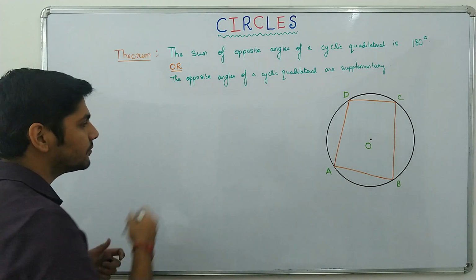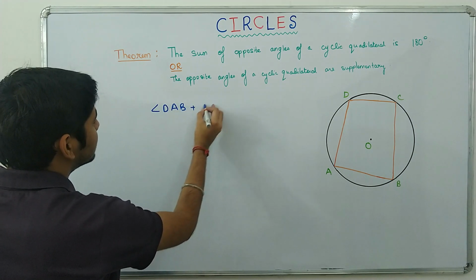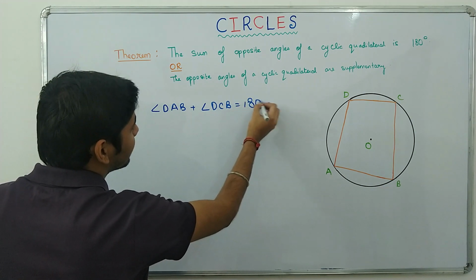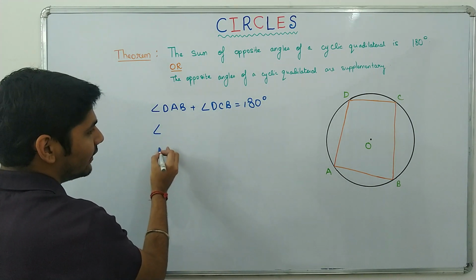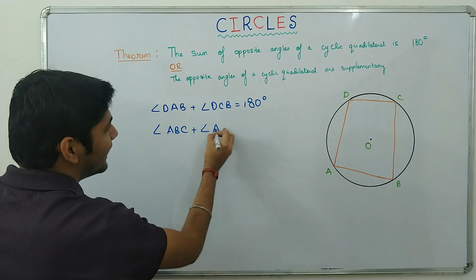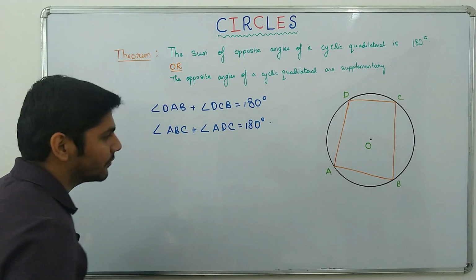Let me write it down. So we get angle DAB plus angle DCB is equal to 180 degrees, and angle ABC plus angle ADC is equal to 180 degrees.